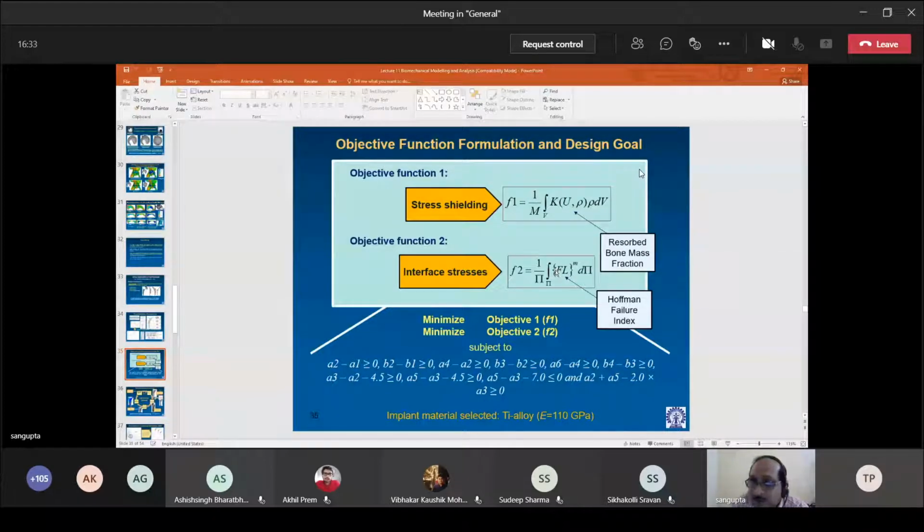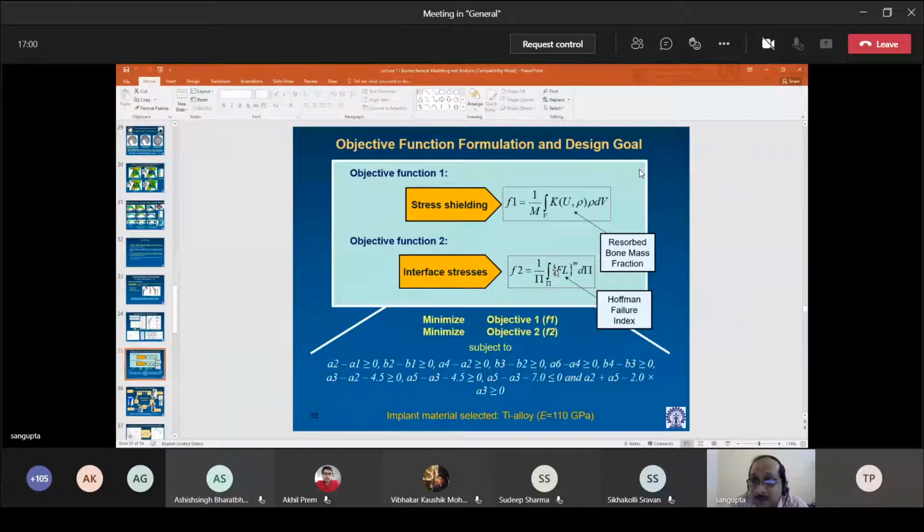One is stress shielding, as we have discussed. So we are concerned about the amount of bone resorption. Okay, bone apposition is a favorable phenomenon. So if the bone density increases in and around the prosthesis, it is always a favorable situation.